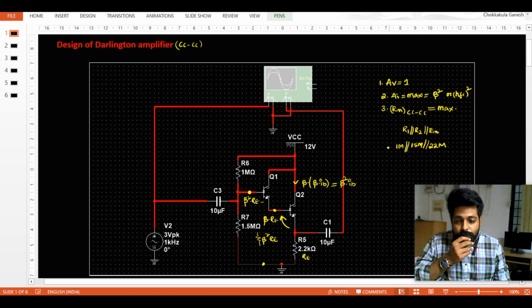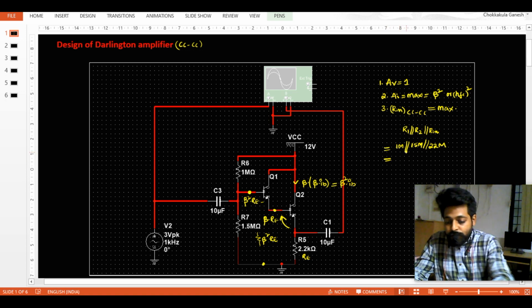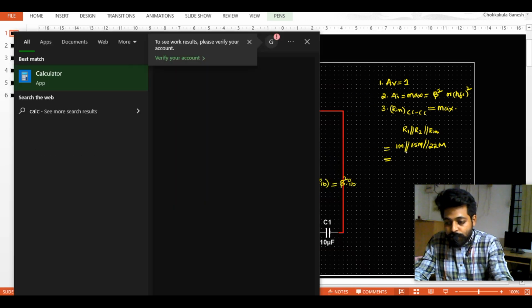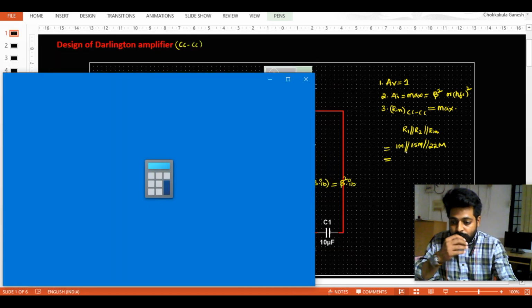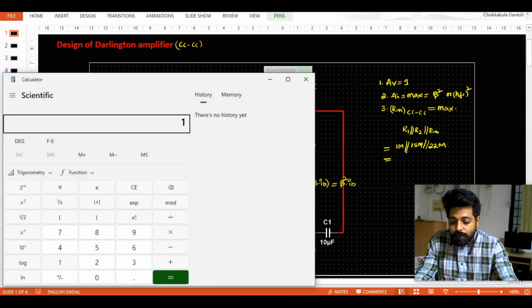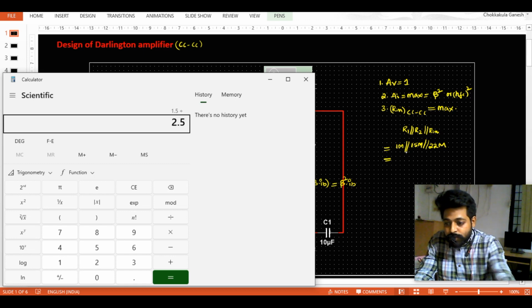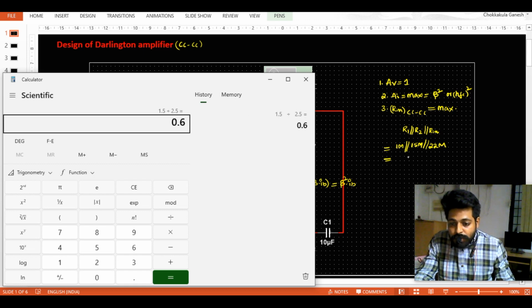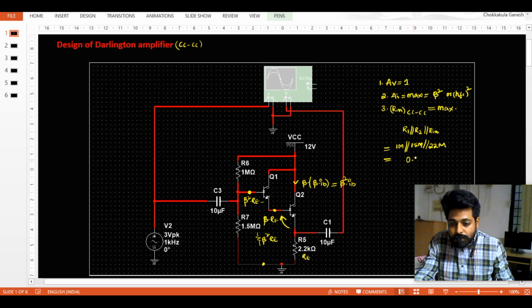Now if I calculate this, 1 mega parallel with 1.5 mega is 1.5 by 2.5, which is around 0.6 mega, parallel with 22 mega.